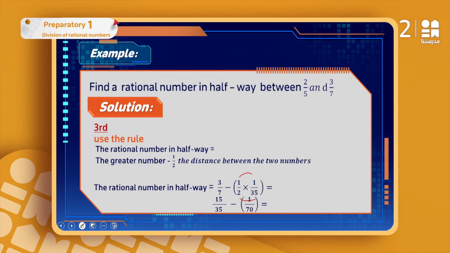So it's 15 after making cross multiplication. Here we have 35. It will be 70, times 2 up and down. So 15 times 2 is 30. 70 for 35 times 2, minus 1 over 70, which is 29 over 70.